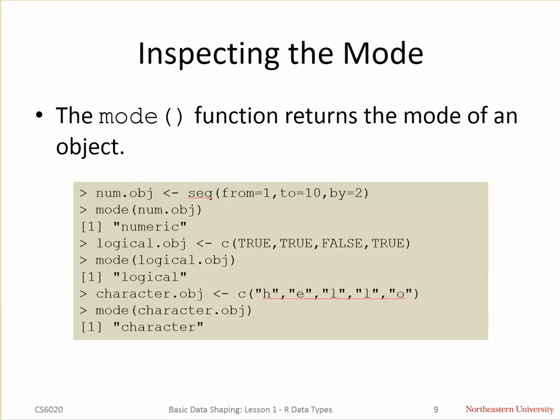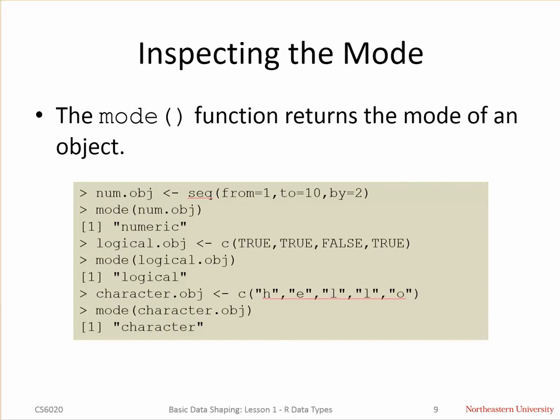To inspect the mode of an object and find out what mode an object has taken on, you use the mode function. The mode function returns the mode of an object. So here's an example. Let's say we have the object num.obj. Again, please be careful, this is a naming convention. We're using the period separator, which is very common among R programmers, although I personally don't like that particular convention because I get confused with other programming languages that I know.